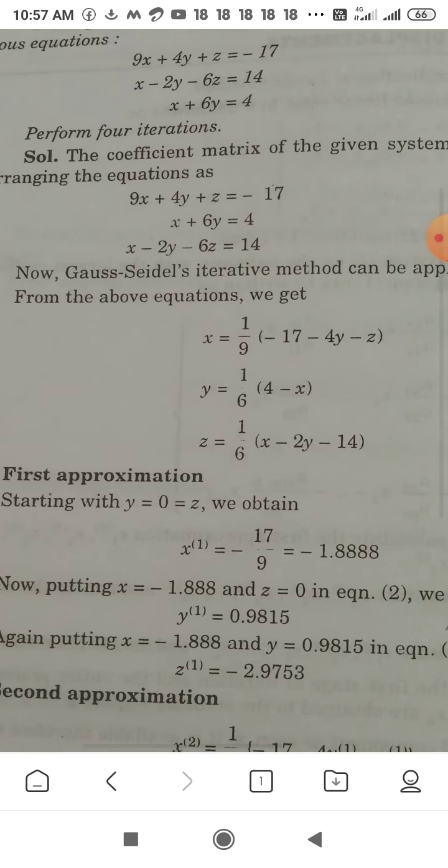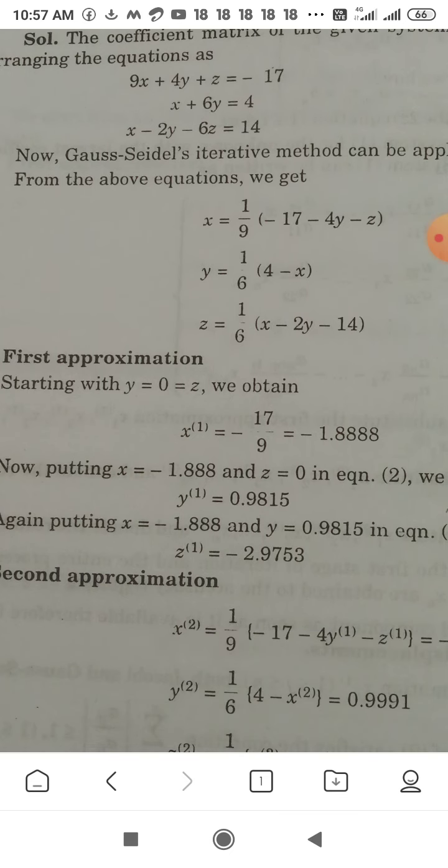For the first approximation, putting y is equal to 0 and z is equal to 0 in the first equation, the value of x1, the first iteration of x, will be minus 1.888.